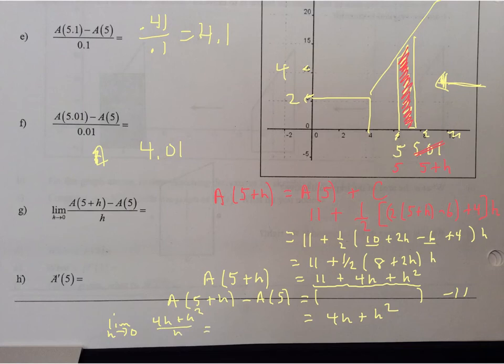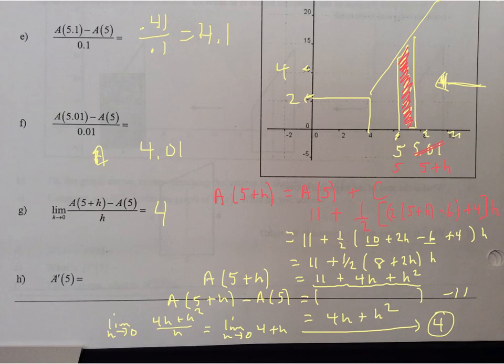Well, if you do that division, you have just 4 plus h, and as h goes to 0, that limit is 4. Okay, so the answer to that is 4, which, if you look back at E and F, as my delta x got smaller and smaller, my function approached 4. My limit approached 4, and so it kind of makes sense.